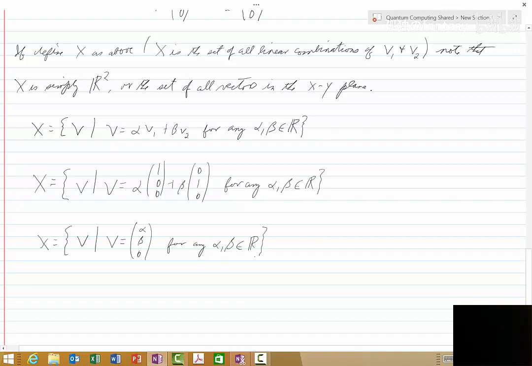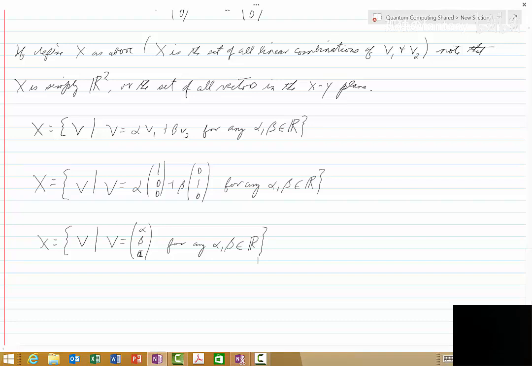And then you can clearly see from that that it's just the xy plane, because we're saying here that the x component can be any real number, the y component can be any real number. The only restriction is that the z component is 0. So this set X does coincide with the xy plane, which is also referred to as R2.